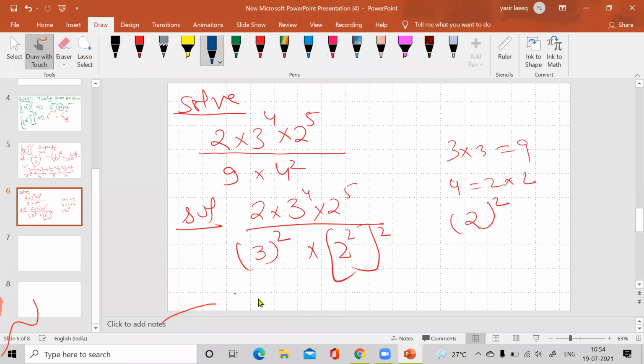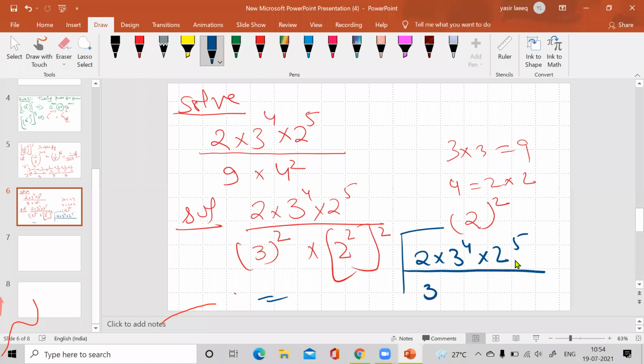Simplify it. The next step will be: 2 into 3 raised to the power 4 into 2 raised to the power 5, and here 3 raised to the power 2 into 2 raised to the power 4. Now you can solve it.